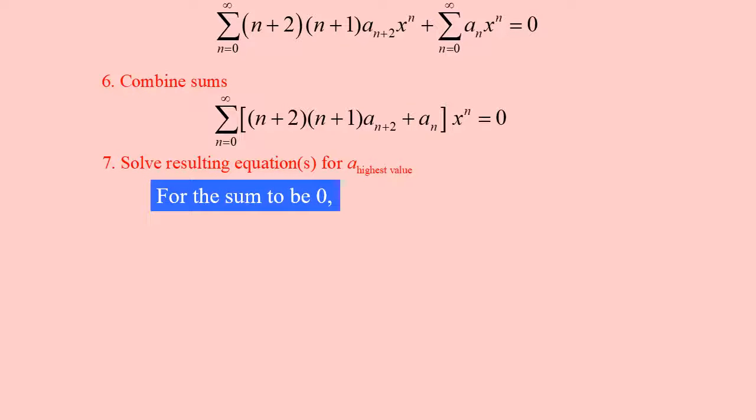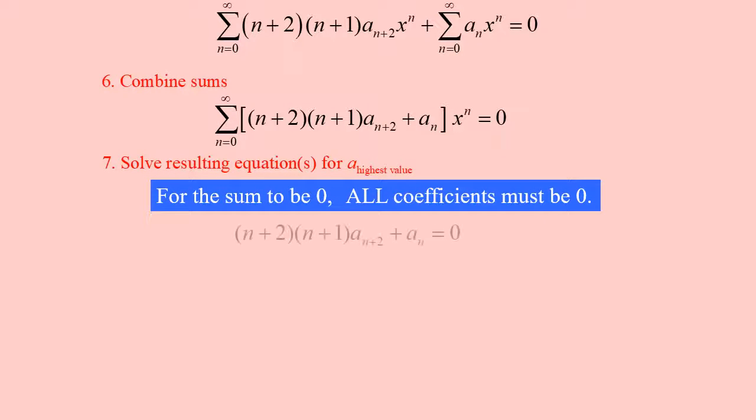And so we'll take just the coefficient part, the thing in front of the x to the n, and solve that for that equal to 0. So the two choices are the a sub n plus 2 and the a sub n, the largest of which is the a sub n plus 2. And so we'll solve that for a sub n plus 2.